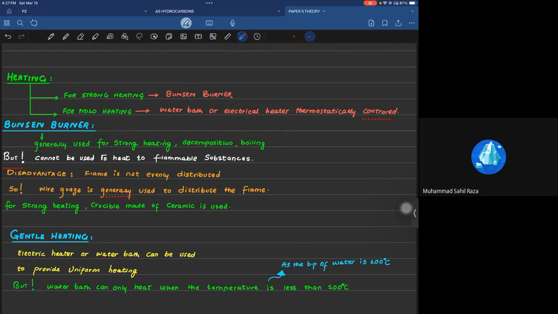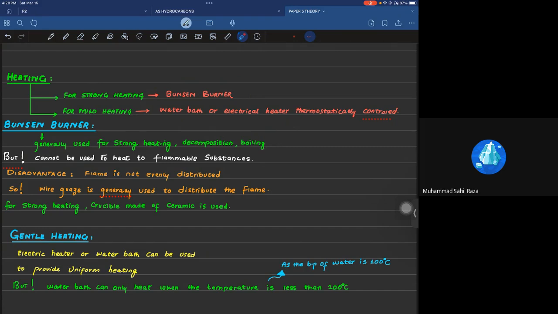The Bunsen burner is generally used for strong heating, for the decomposition of any substance, for boiling purposes, because it provides strong heating. But the Bunsen burner is not supposed to be used for heating flammable substances because they catch fire.